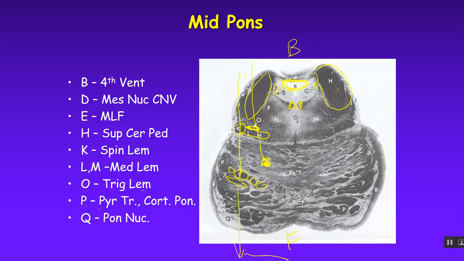It'll make a connection with the cortical pontine nucleus, and then that'll cross over a little lower and go out the middle cerebellar peduncle into the cerebellum on the opposite side, okay? So the cortical spinal tract fibers that are running down through that go to the pyramids and down to the spinal cord are carrying the motor message to the anterior horn. But a copy of that message is being delivered to these cortical pontine nuclei that then have an axon that projects to the cerebellum, okay, and delivers the copy of that message.